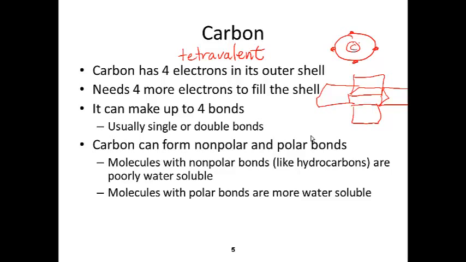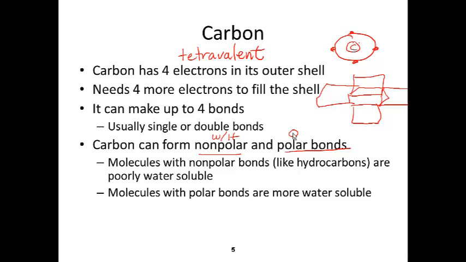So now, when we talk about the fact that it has 4 valence electrons, of course it has the ability to build 4 single covalent bonds, or now you have the opportunity to build double bonds. Double bonds added to a molecule are going to change the character of the molecule, going to change the flexibility of that molecule. Carbon also has the ability to form nonpolar bonds with hydrogen and polar bonds with atoms like oxygen specifically.